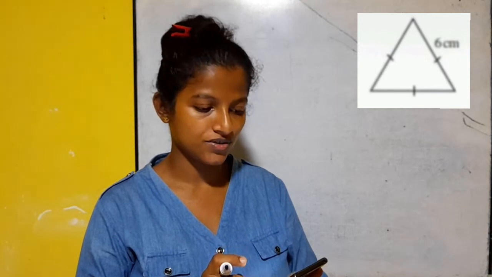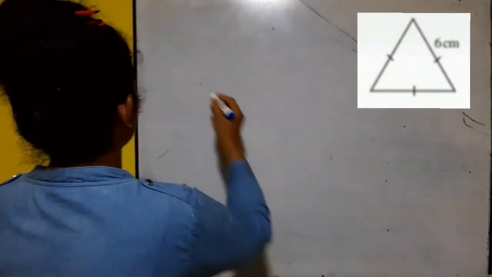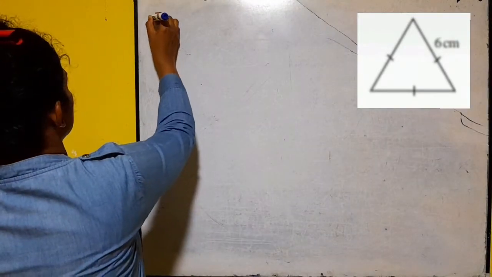Question number 10. Find the perimeter of a hexagon which is constructed by using the equilateral triangle given below. You can create a hexagon like this.